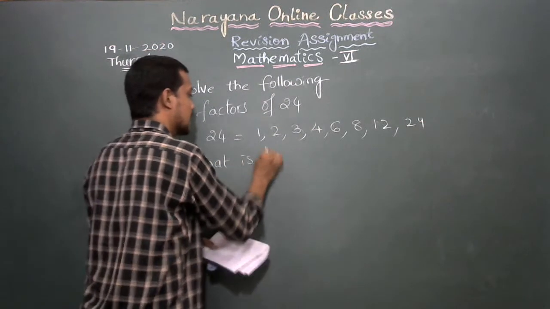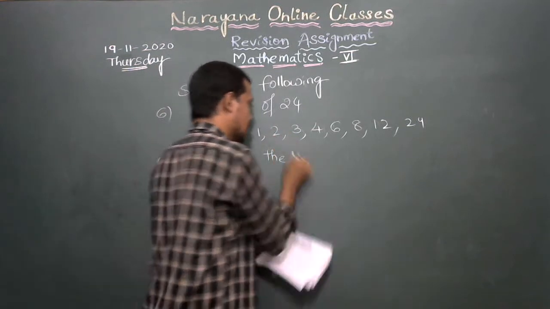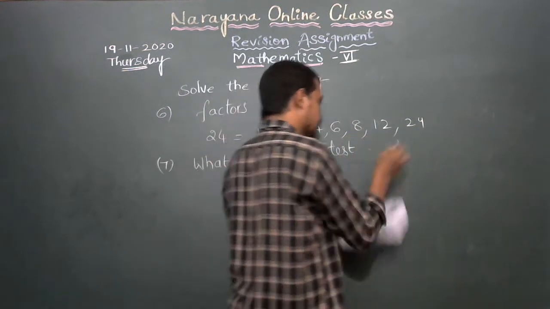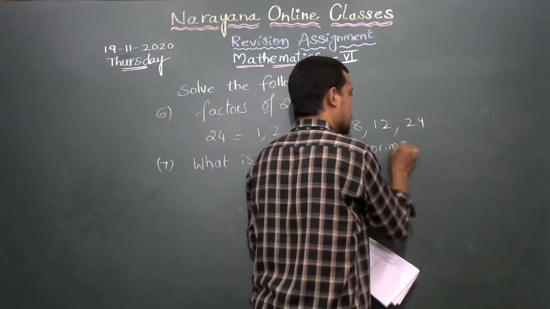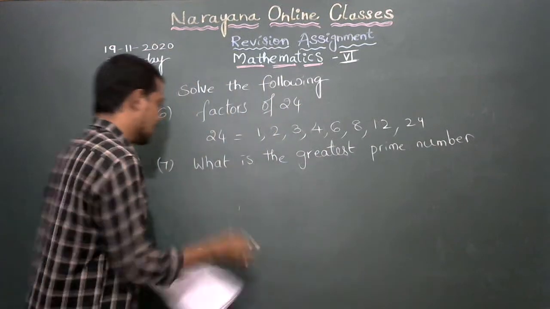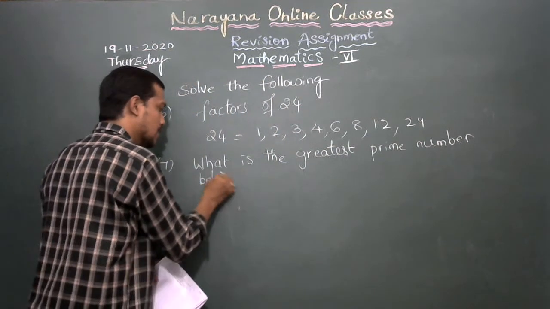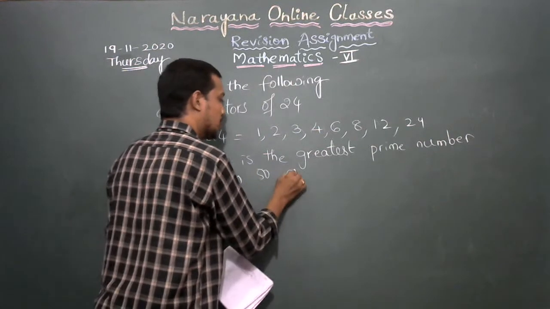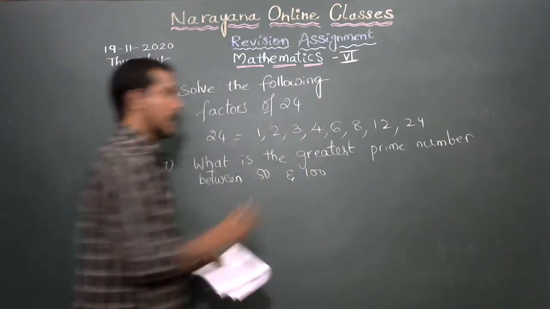Now seventh one. What is the greatest prime number between 50 and 100?